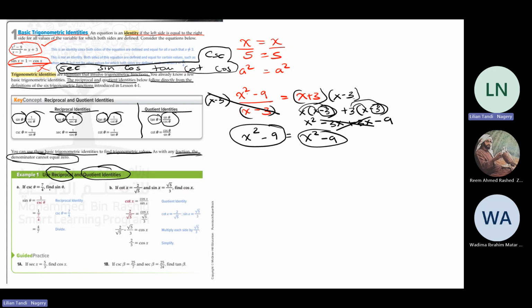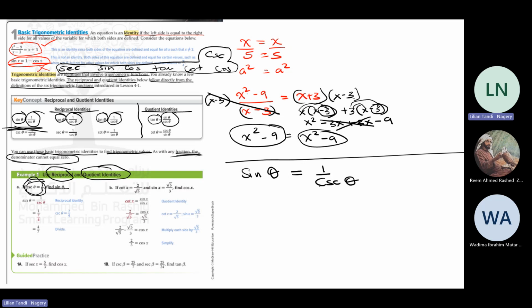What do you know? I know cosecant. I want to find sine theta using cosecant. I go to my canon and I write sine theta is the same as 1 over cosecant theta.